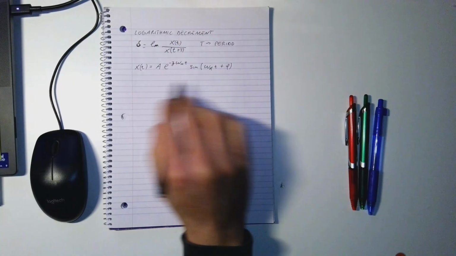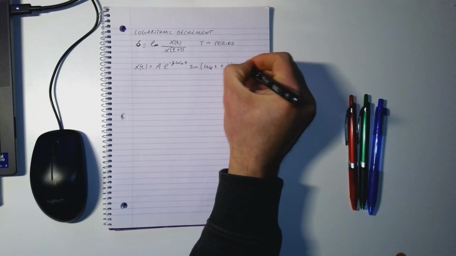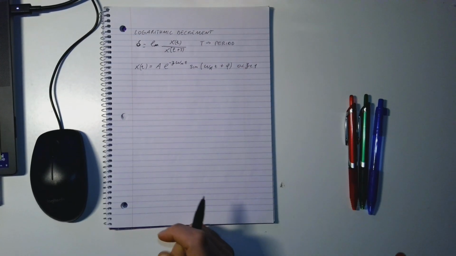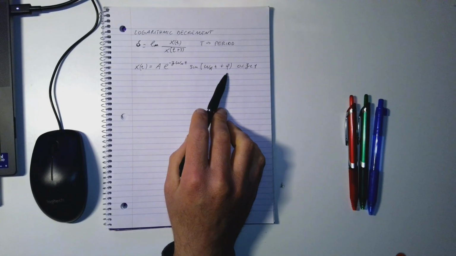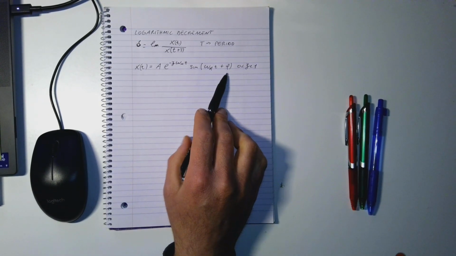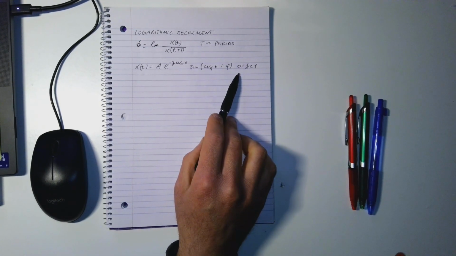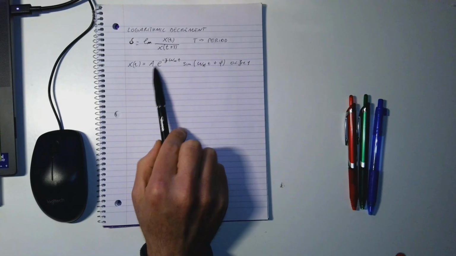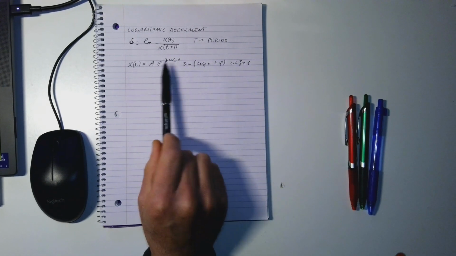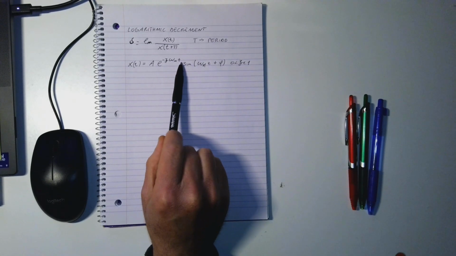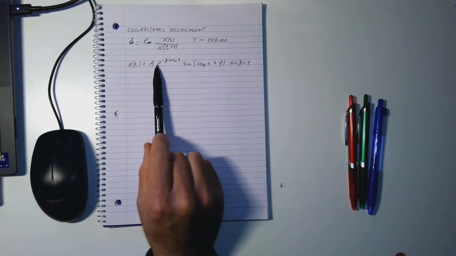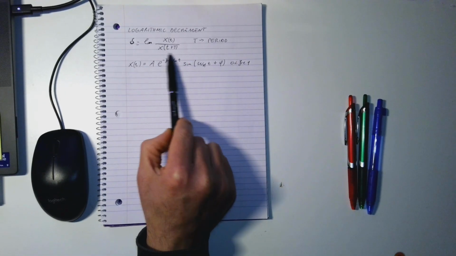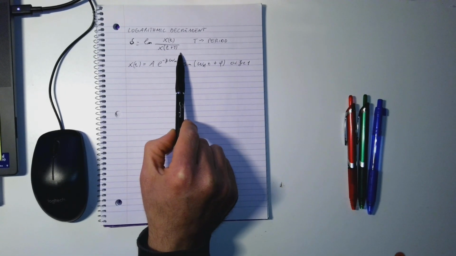This is, remember, valid when zeta is between 0 and 1. Remember this function here? So now that we have the function of the displacement with time, we can simply use this function and plug it into our definition of the logarithmic decrement.